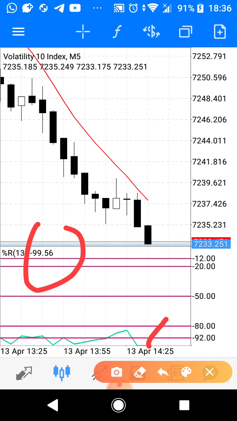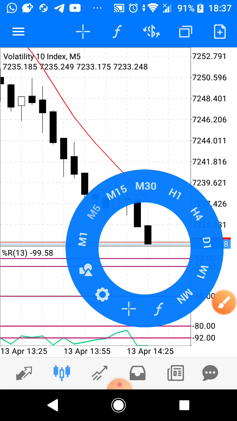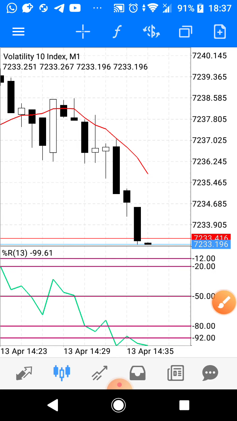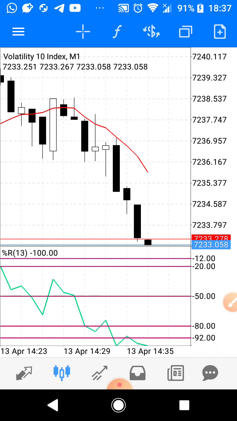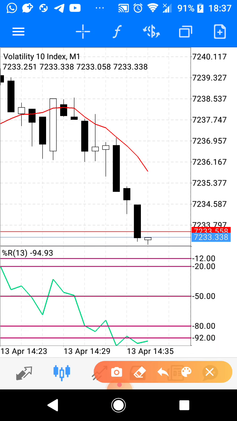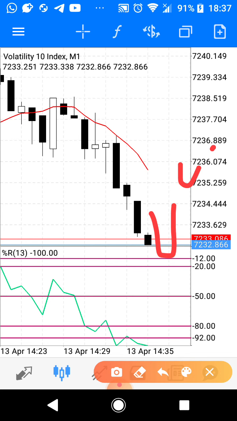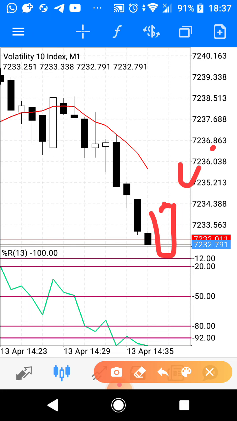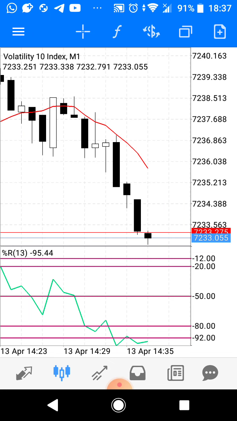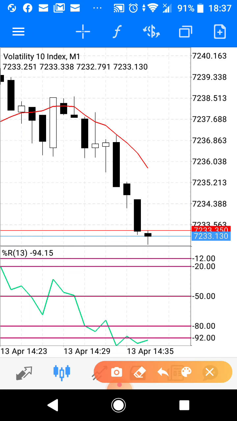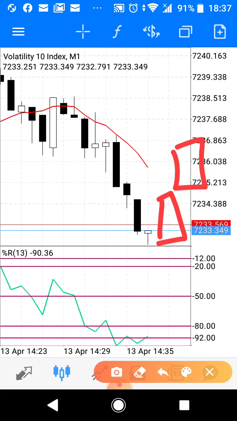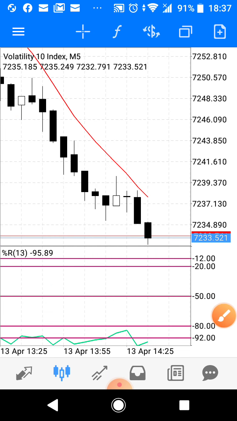If my R13 gets to minus 80 and I can see 2 white candles here, not 1, 2 white candles, and my 5 minutes has gotten to 80, I quickly enter.